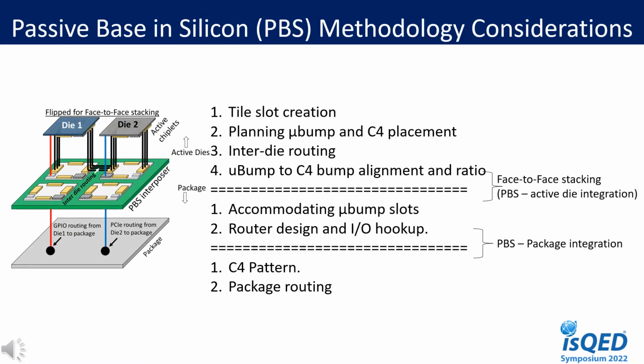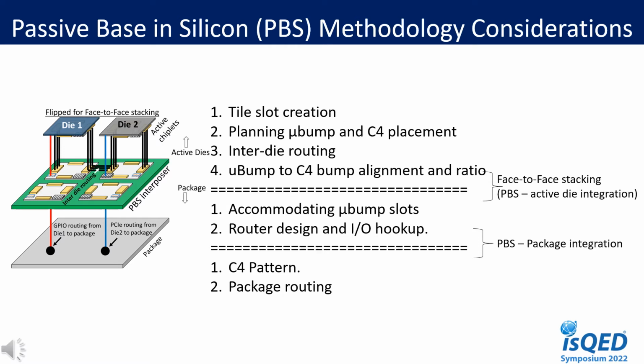Let's consider an example multi-die design illustrated in the figure here, which has two active dies, die 1 and die 2, integrated over a PBS interposer in a face-to-face stacking approach. In turn, the PBS interposer itself is integrated on top of a package system.